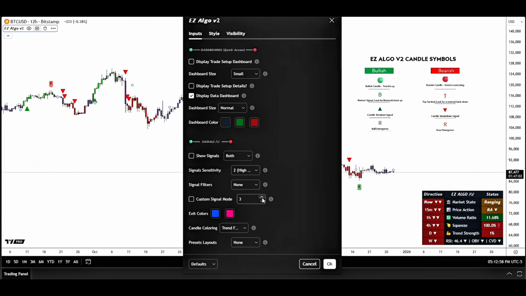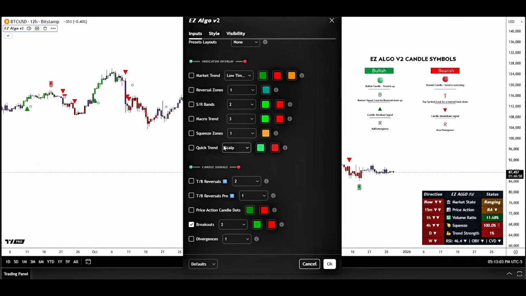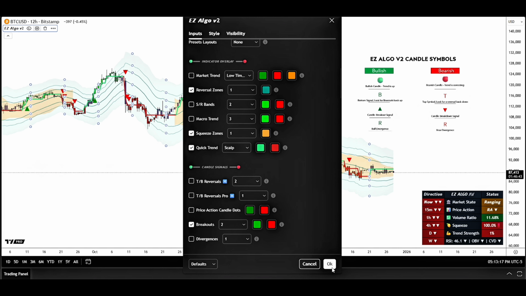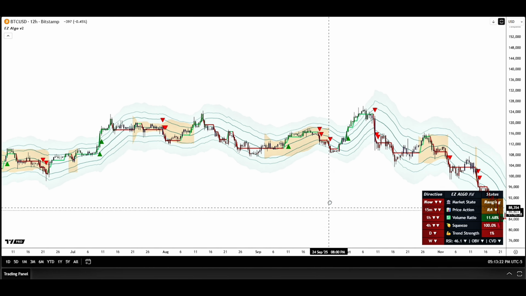Now, a couple cool things we can do with the breakouts is we can add these to our squeeze zones, and we can also add these to our reversal zones as well. We can also add our quick trend too. This is a breakout strategy that you can utilize in the script.